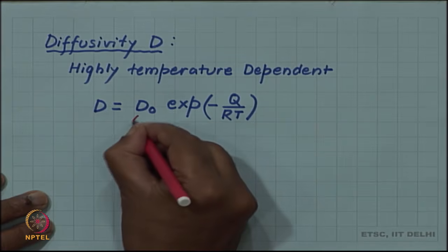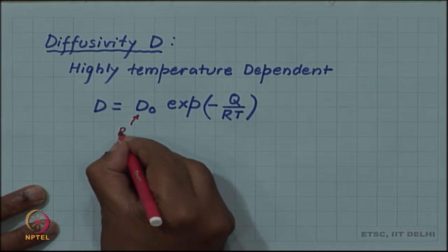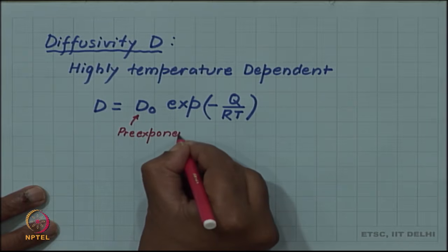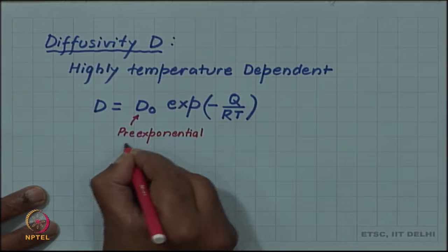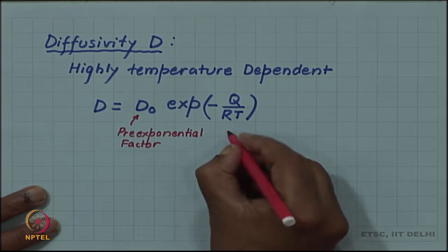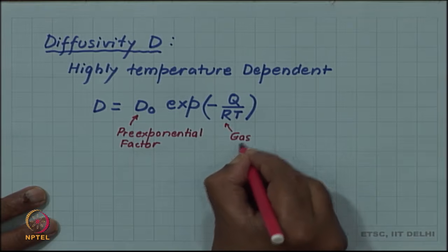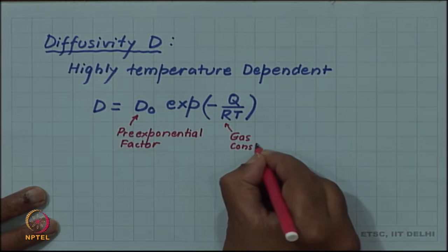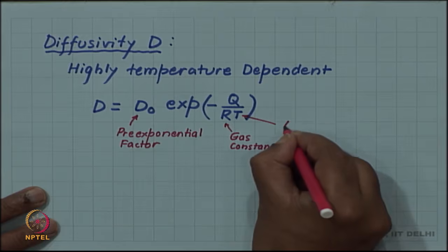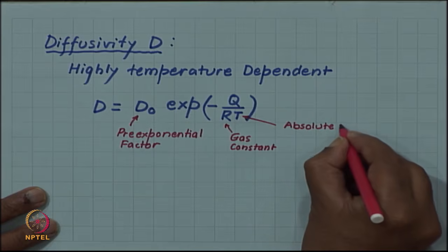Since D naught is a constant which comes before the exponential, it is known as the pre-exponential factor. R is the well known gas constant, and T, like in all thermodynamic equations, is the absolute temperature.